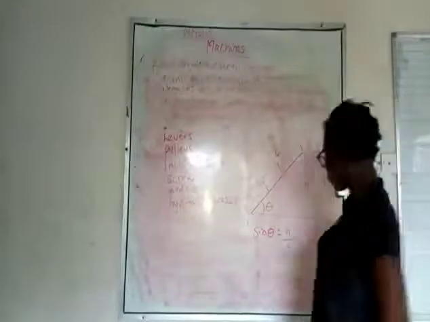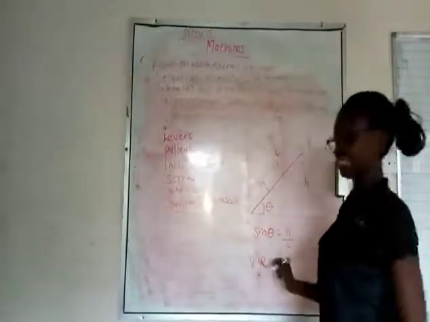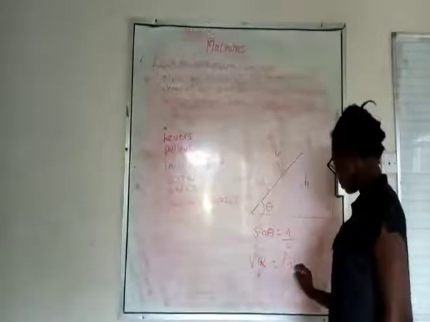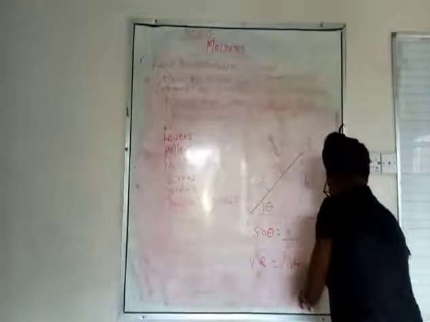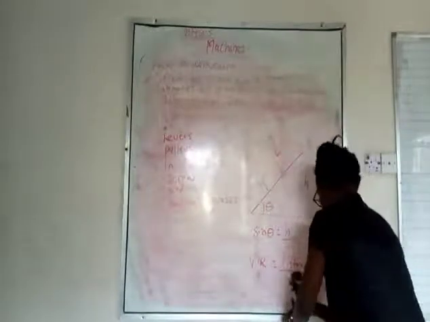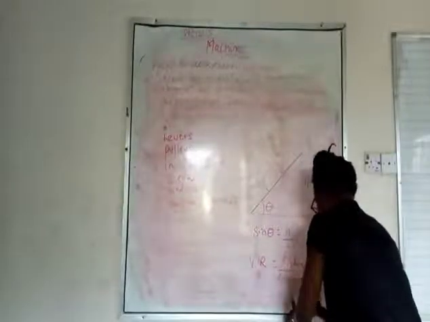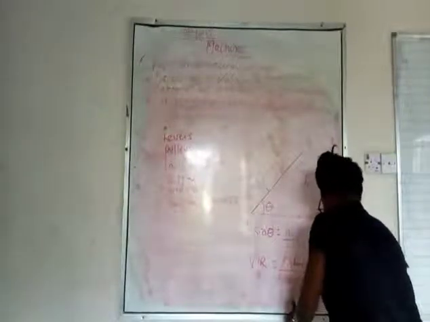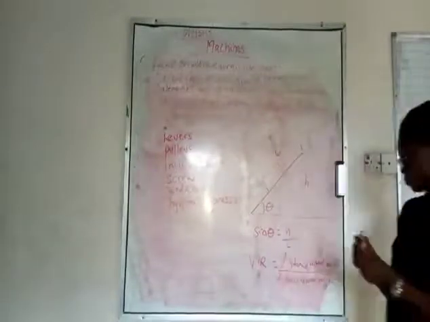But you know very well that your velocity ratio, as we defined earlier on, was what? Distance moved by effort all over distance moved by the load.